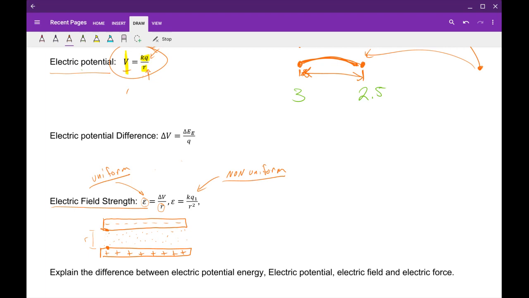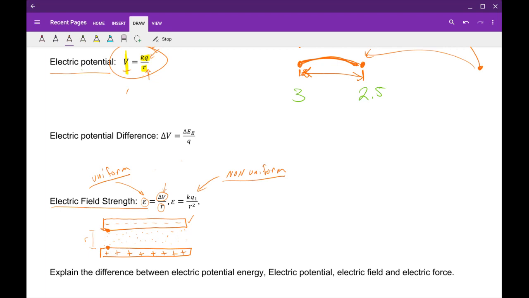Then the other side of the equation becomes smaller. So essentially, as I increase r, or move these plates away from each other, the field strength becomes less if I maintain the same potential difference, or the same energy difference, between the two ends of the plates here. And that's pretty much how that goes.